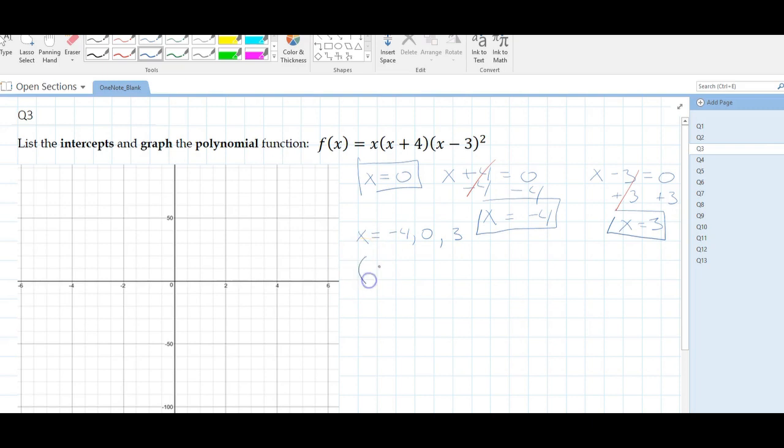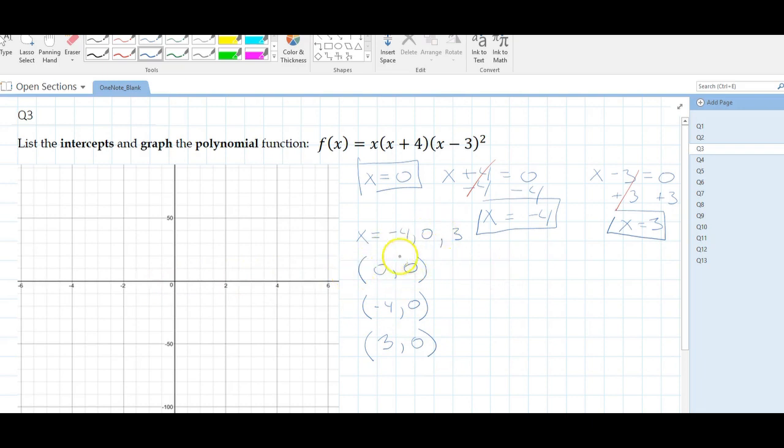The points for that are going to be 0, 0; x equals negative 4 and y is 0; and x equals 3 and y equals 0, because those are our x-intercepts.